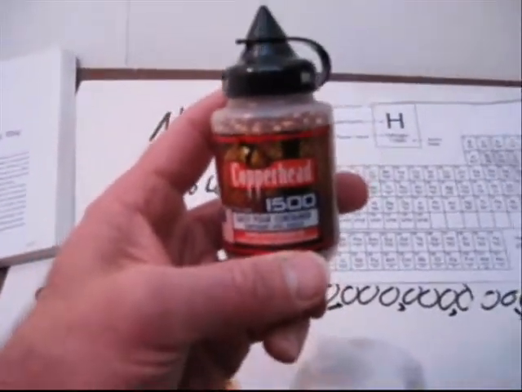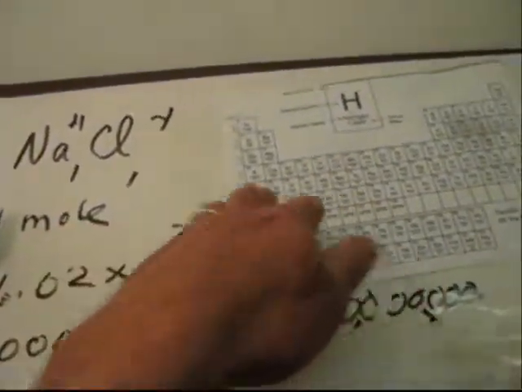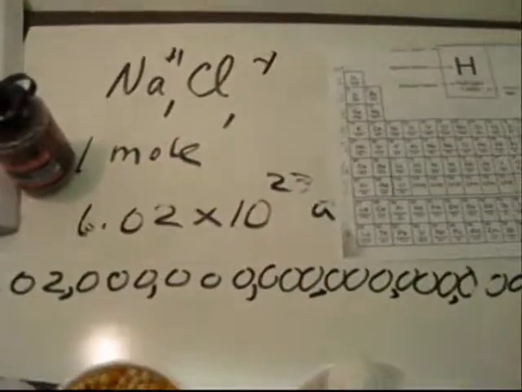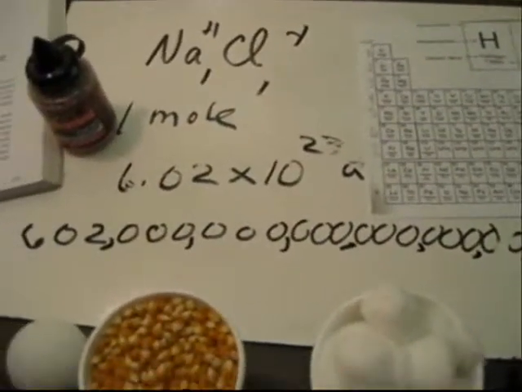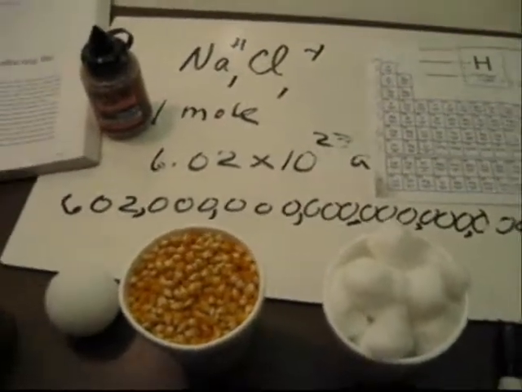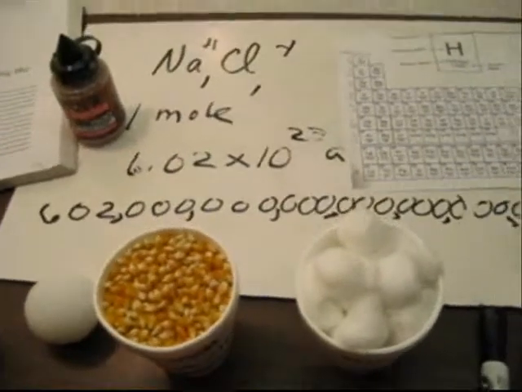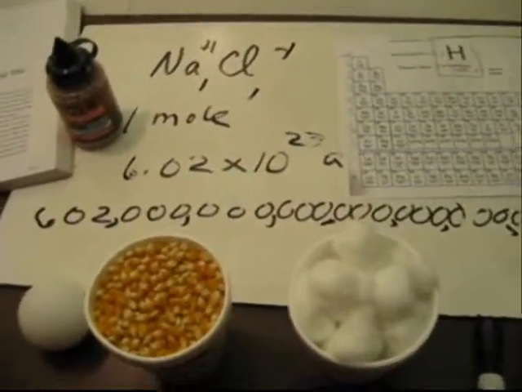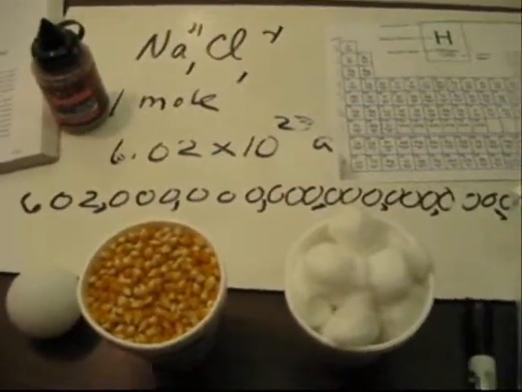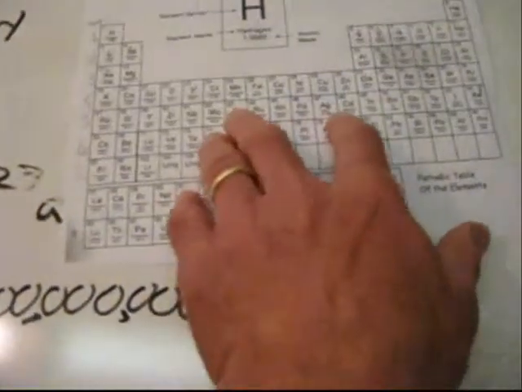So they would need 63.5 grams of copper to get a mole of copper. Once they had 1 mole of copper, they could say that's equivalent to 6.02 times 10 to the 23rd atoms of copper. Another easy to get element is aluminum. If you have some aluminum foil, you can ask your students, how many grams of aluminum would it take to make 1 mole of aluminum? The same way, they find aluminum on their chart.